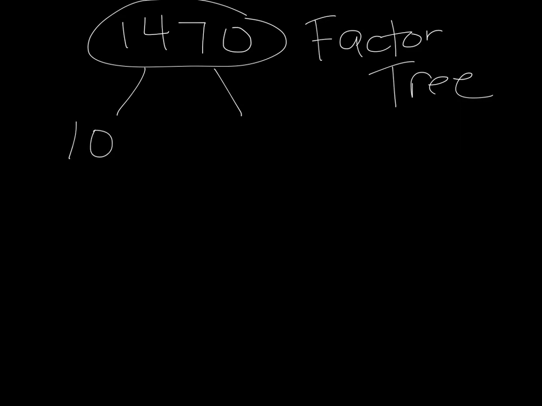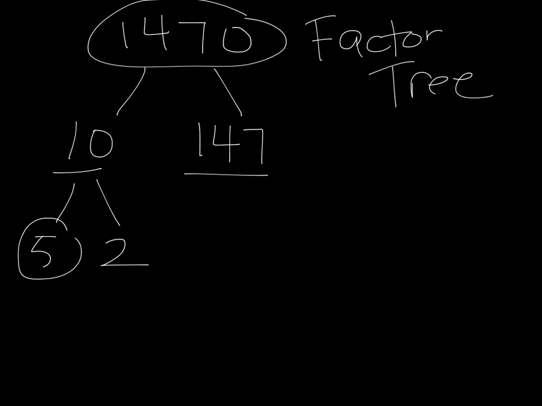Well, 10 and 147, when you multiply those together, give you 1,470. Then you look at 10, you look at 147. We know 10 is a composite number, so we're going to break it down just like we did before. 5 times 2, right? So the two factors that when you multiply them together give you 10 are 5 and 2. And we know from the previous screen that 5 and 2 are prime numbers. So now we don't have to break these down anymore.